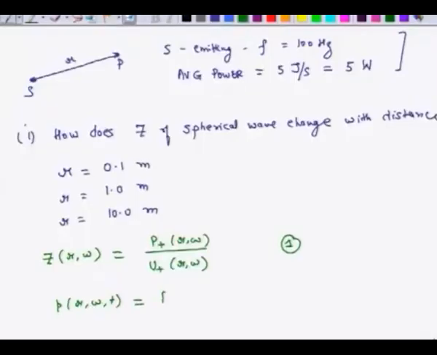That is nothing but the real part of the complex amplitude P plus, divided by r, times e to the minus j omega r over c, times e to the j omega t. So, that is the definition of pressure.